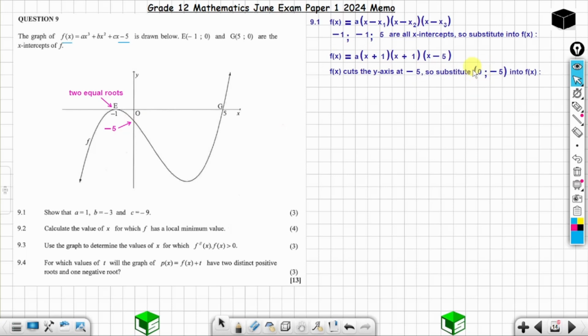So this is x, this is y. F of x is y, is equal to A. Now x is 0. You are going to substitute 0 wherever you have x.